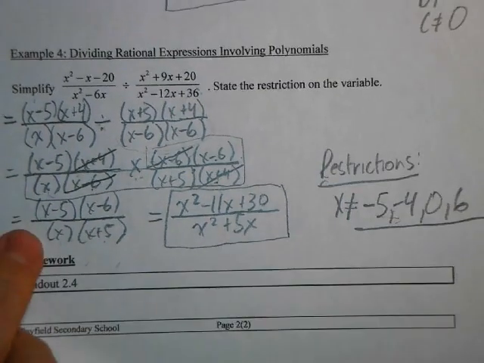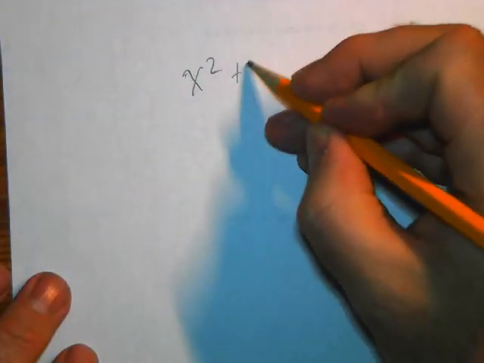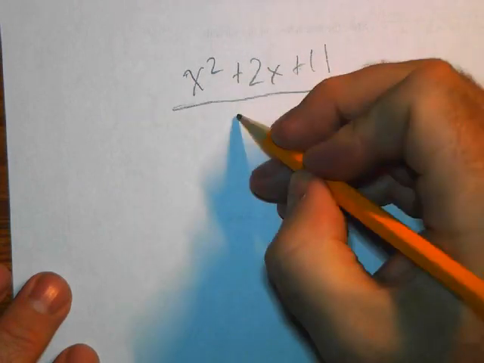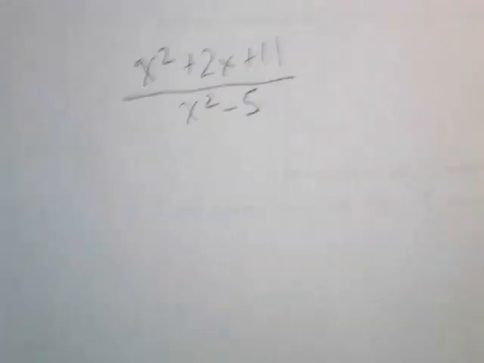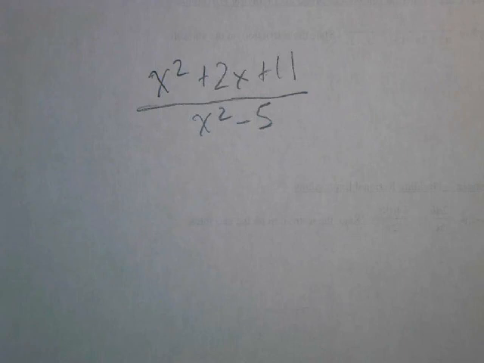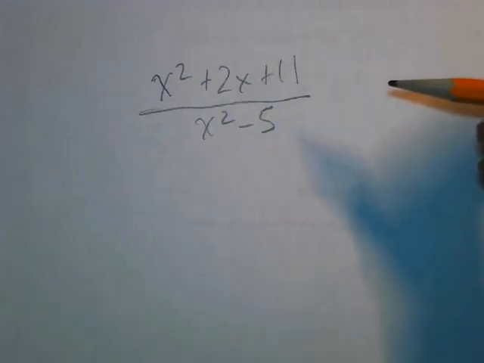Now, there's one little thing I just wanted to talk about, and that's a very common, very unfortunate mistake I see. So say I had something like this. I've had a lot of students in the past think about canceling, but they cancel before they factor. And actually, you can't cancel anything here. You can only cancel factors, not terms.